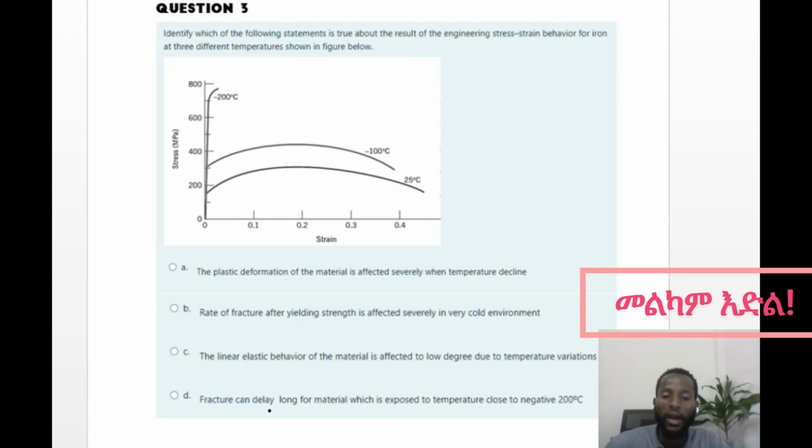D, fracture can be delayed for material which is exposed to temperature close to negative 200 degrees Celsius. So from this, which one is true for this engineering stress-strain diagram for iron? Let me discuss each choice.